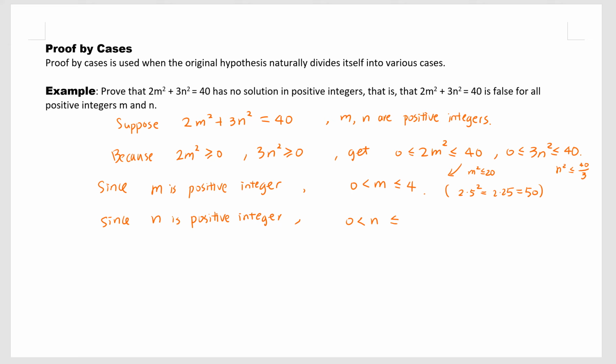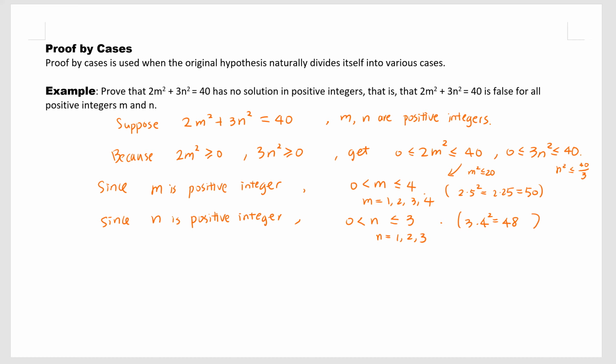Let's choose 3. 3 squared is 9, 9 times 3 is 27, and 27 is less than or equal to 40. So n is less than or equal to 3. 3 times 4 squared is 48, which is greater than 40, so we don't pick 4. That means m can be 1, 2, 3, 4, and n could be 1, 2, 3.